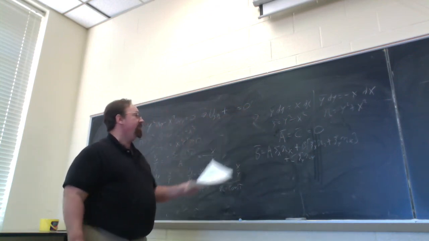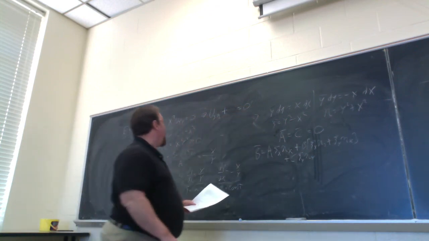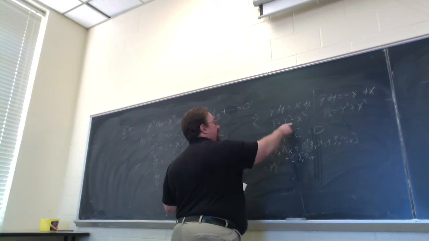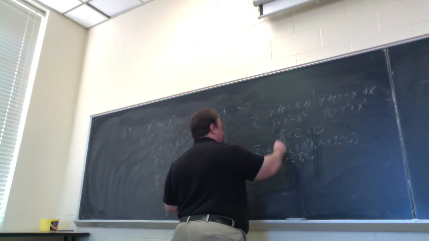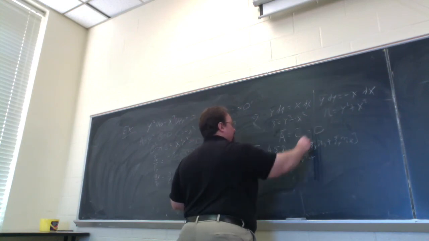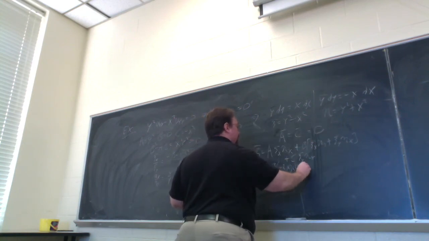So once I fill in everything, well, B is 0, A is y squared, and then xi x is, I take my partial derivatives from here, so that's minus 2x. And then eta x is plus 2x.